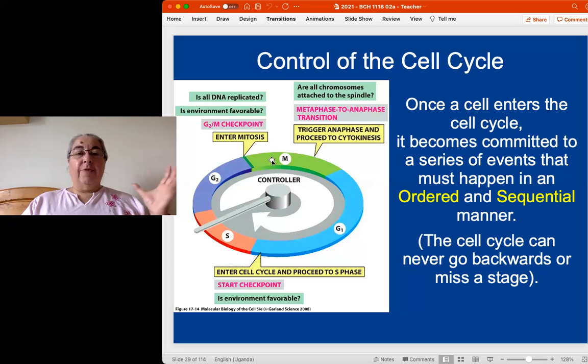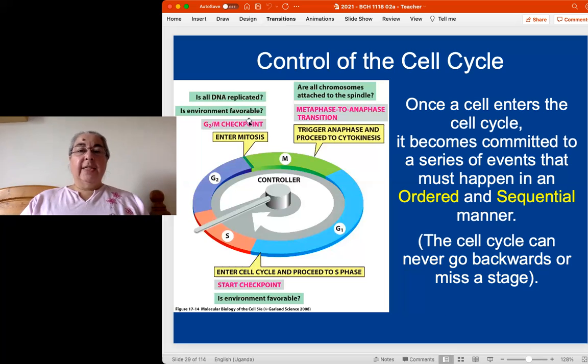It would produce either a cell that would just die because it wouldn't be able to produce everything it needs to live, which would be a waste of resources for the growing cells, or even worse, it might produce a cell that is so very wrong that it would damage the other cells around it.